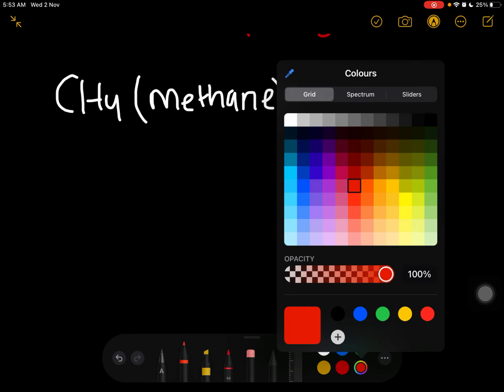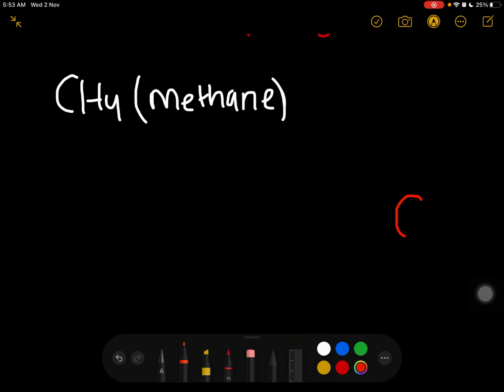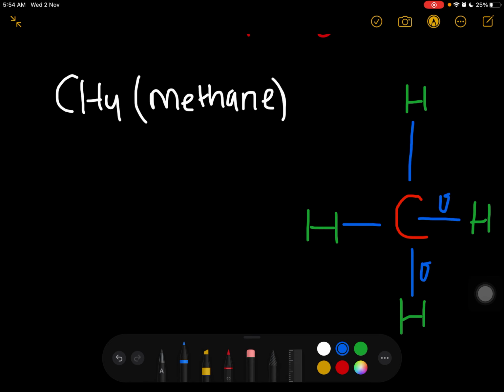So what's the structure of methane? It's C bonded with H, H, H, H, and these are sigma bonds, right?